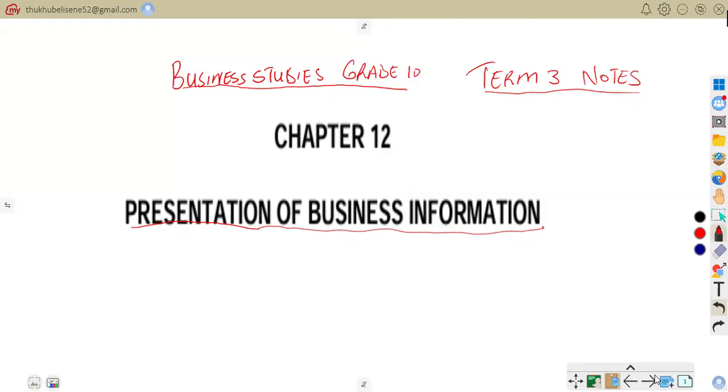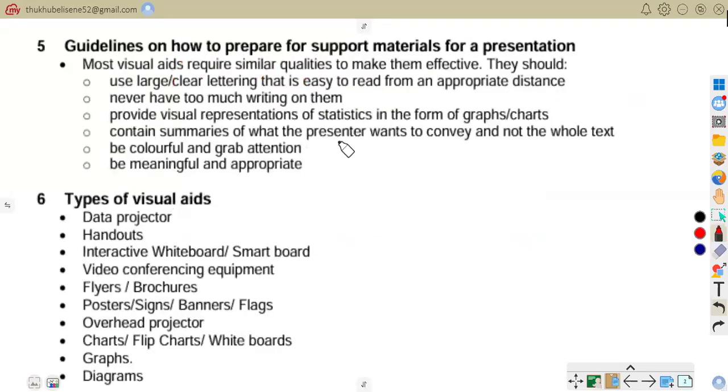So here we are on guidelines on how to prepare support materials for presentation. As it says, most visual aids require similar quality to make them effective. They should use large, clear lettering that is easy to read from an appropriate distance.